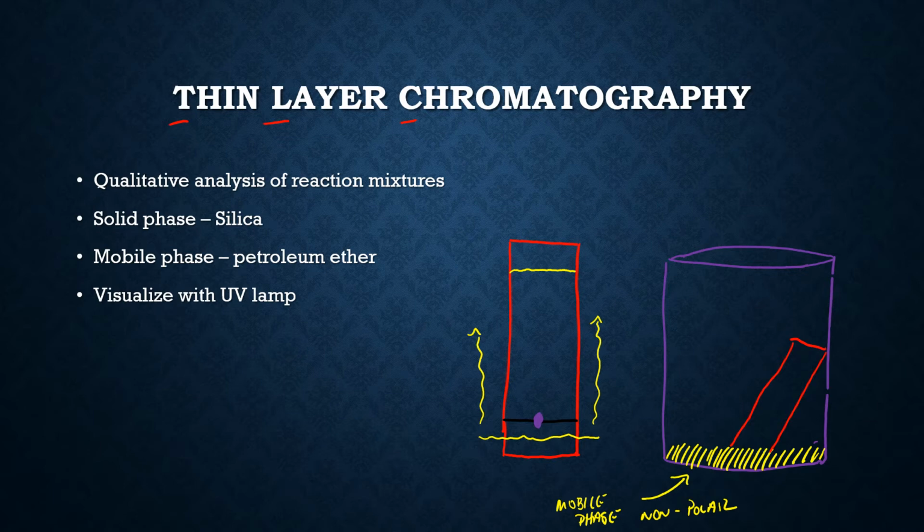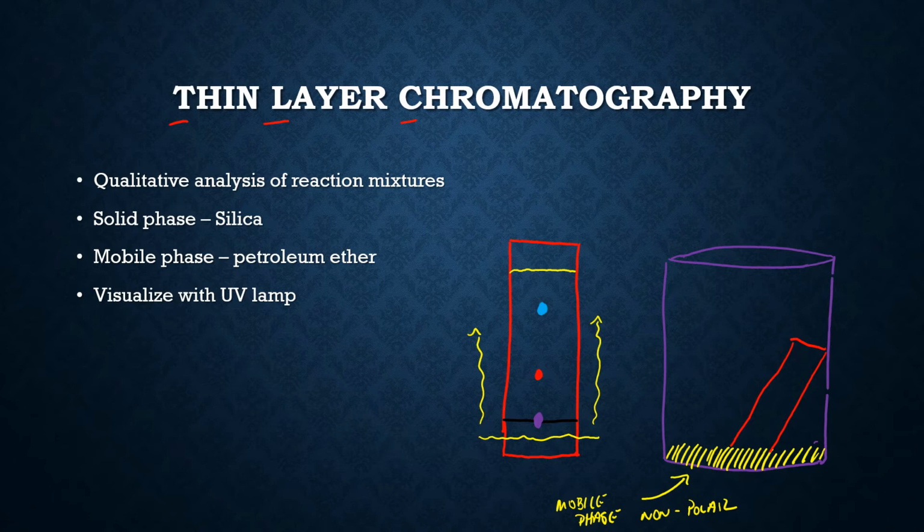And so you're going to start to see distinct dots for the different components of your mixture. They're going to travel different distances on your TLC plate. So if we start out with that purple, it's going to start to rise up, and hopefully you're going to see a separation into the red and the blue. And that's how we're going to tell how many different components there are in our reaction mixture.